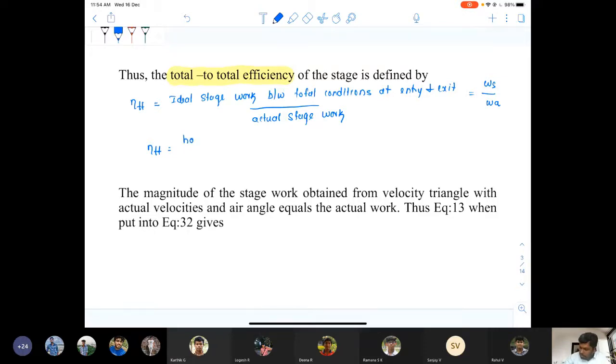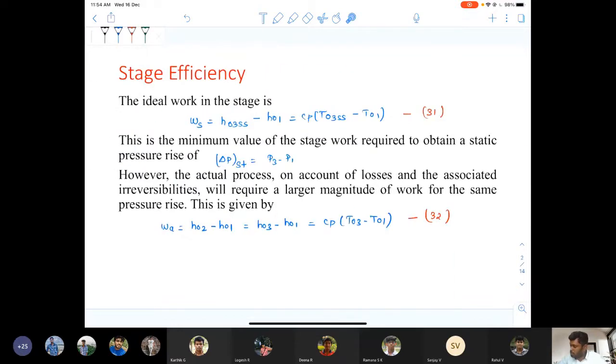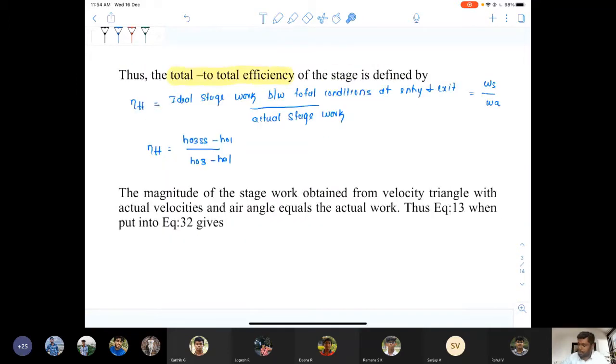h03ss minus h01 divided by h03 minus h01. That is, Ws is equal to h03ss minus h01, whereas Wa is equal to h03 minus h01. By substituting both values, you will get eta TT is equal to h03ss minus h01 divided by h03 minus h01.